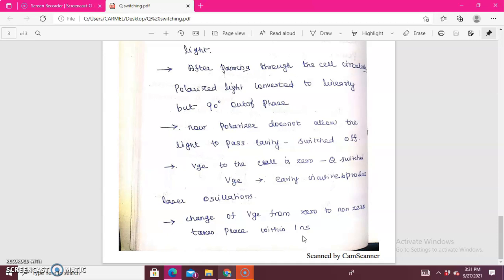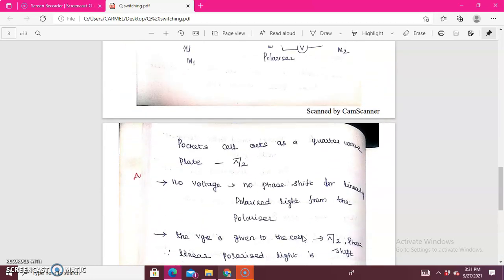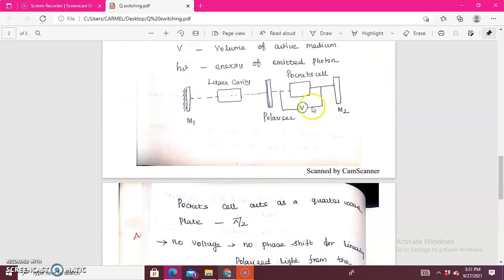Whether the phase shift is out of phase or in phase, it all depends on the voltage applied across the Pockels cell. If it is not applied, then it is in phase. If voltage is applied, the circular motion gets converted into linear, but you get an out of phase shift.